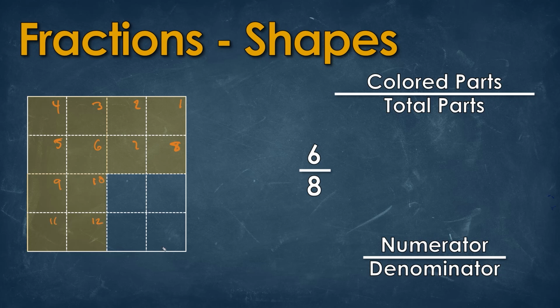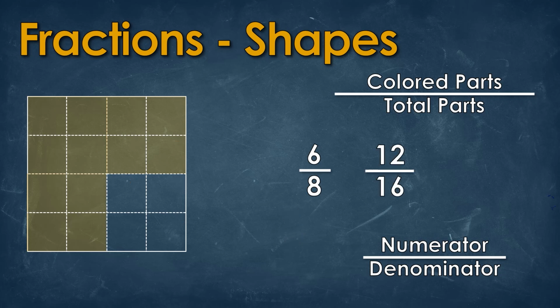And now you notice I actually colored in the ones that are colored first. That way I know the total. So going from 12, I would know 13, 14, 15, and 16. So we have a total of now 12 out of 16.